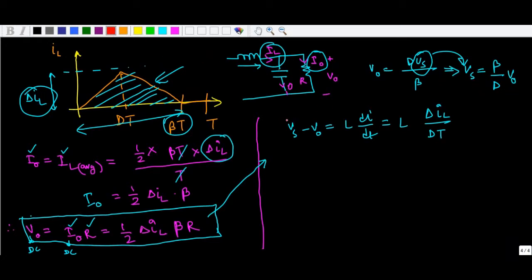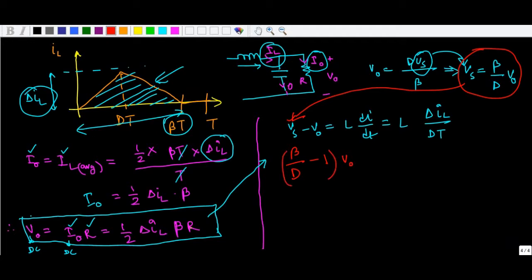We will replace this Vs by this value and plug it in here. We have beta by d times V output minus V output. So we can take V output common, and we can say beta by d minus 1 into V output, and now we can replace this V output with this value.